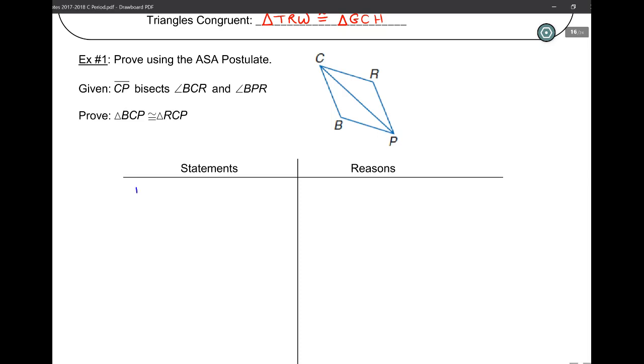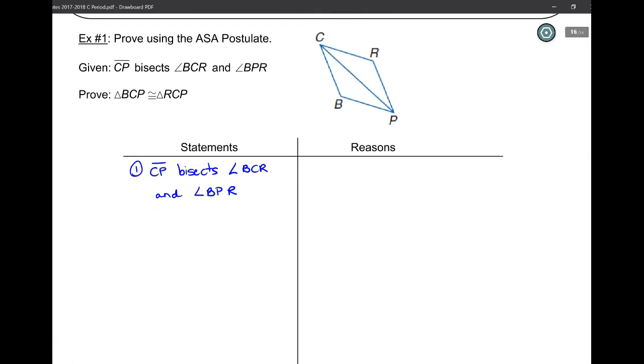Okay, so we're going to start with segment CP bisects angle BCR and angle BPR. So we're going to write in given.